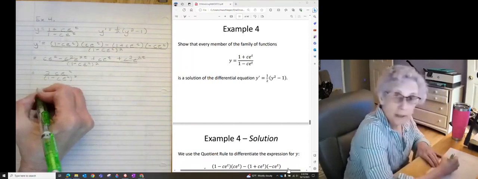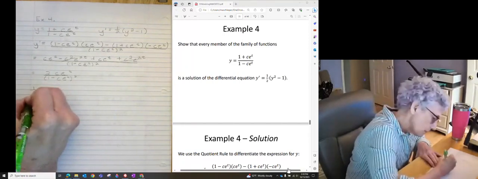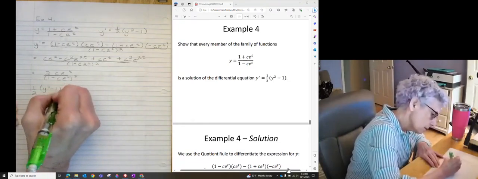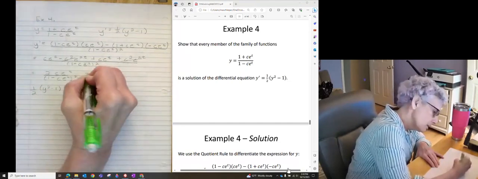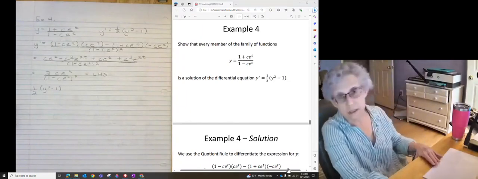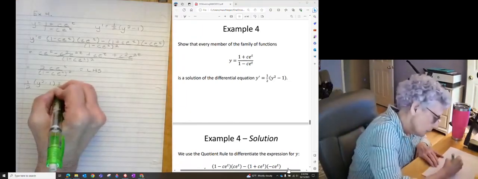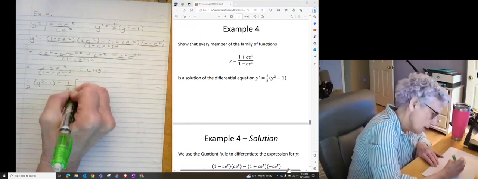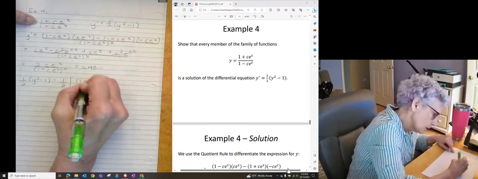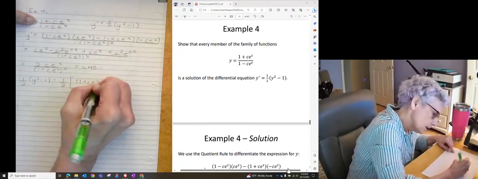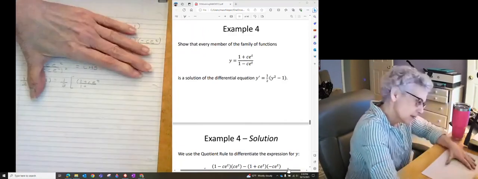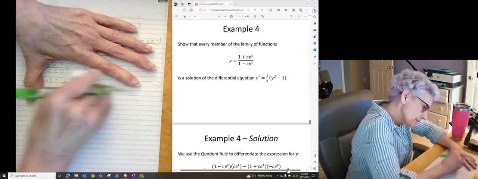So let's look at 1/2 of (y squared minus 1). So this is the left-hand side. So 1/2 of ((1 plus c e to the t) over (1 minus c e to the t)) all squared, minus 1.